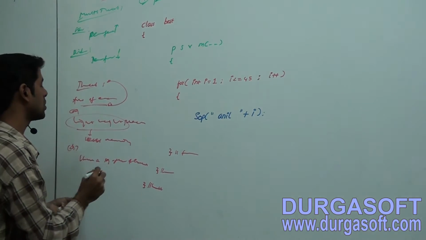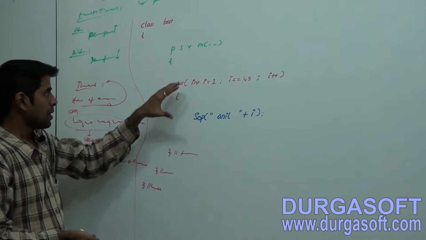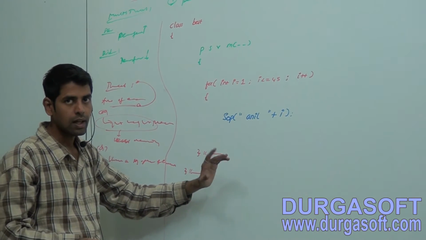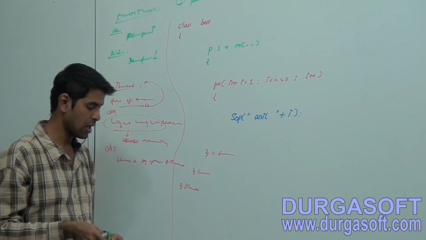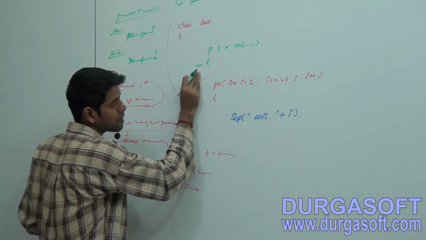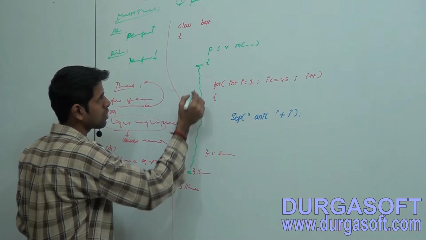Now observe this part. This code is going to be executed by the JVM. There is a flow from the main method's starting scope to the main method's ending scope.